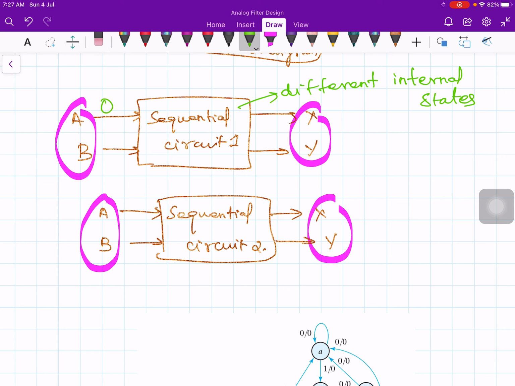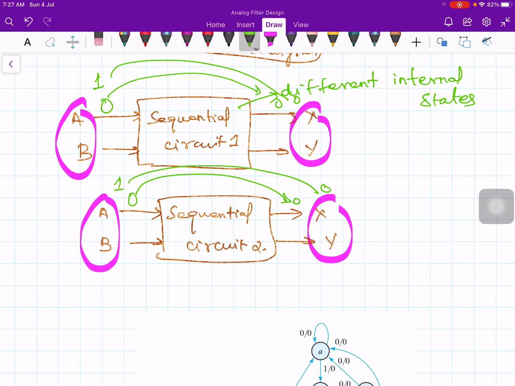If you give 0, the corresponding output is, let's say, 0, and here also if you give 0, it gives 0. If you give 1, it gives 0, and here also if you give 1, it gives 0, something like that. So I have two sequential circuits. Their internal structure or internal circuit is different, but they give the same output.